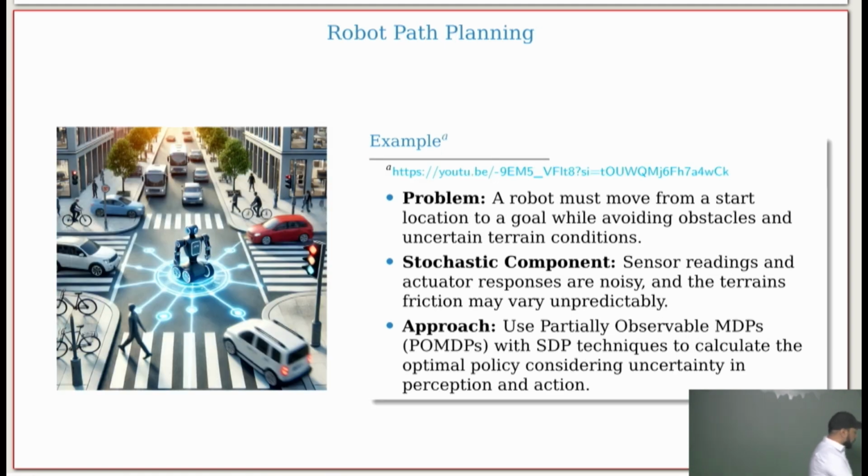Then we can have robot path planning again. Here the robot must move from start to goal, avoiding obstacles and uncertain terrain. The stochastic component here could be, let's say, sensor readings, which could be noisy, so one has to take into account terrains which may be a bit unpredictable, because you cannot expect the same terrain as during the test time, right?